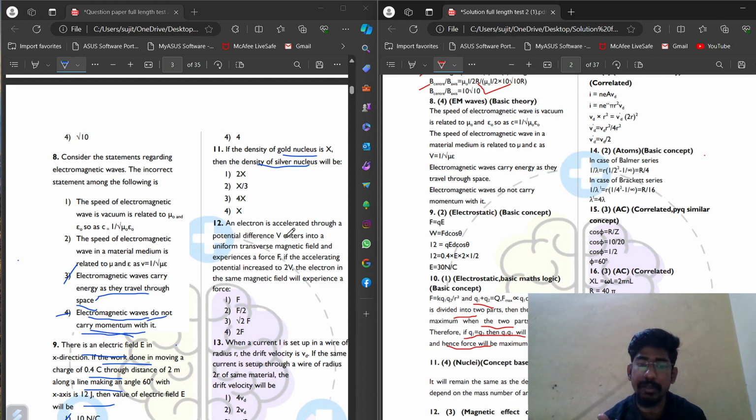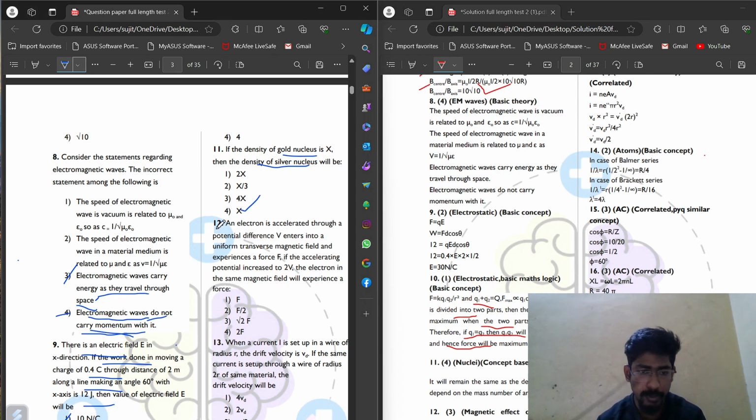The density of the nucleus doesn't depend on the mass number. So if there is a change in the mass number, there will not be any change in the density. If the density of the gold nucleus is x, in the silver nucleus it will also remain the same. The answer will be x only.